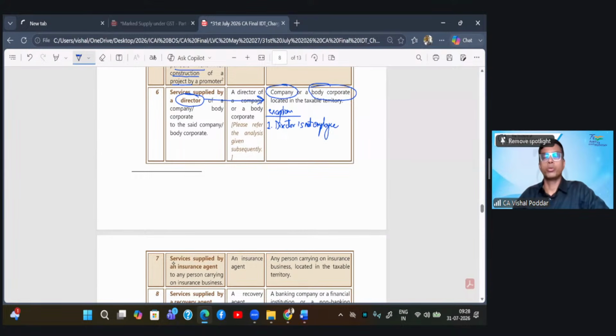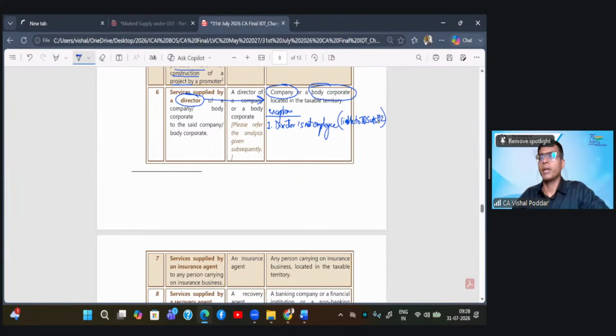You should know that in case of directors, there are two types of directors, full-time directors and part-time directors. The full-time directors are on the payroll of the company, and whatever they draw as their remuneration is liable to TDS under section 192. Now, I'm saying section of the Income Tax Act, the old Income Tax Act.